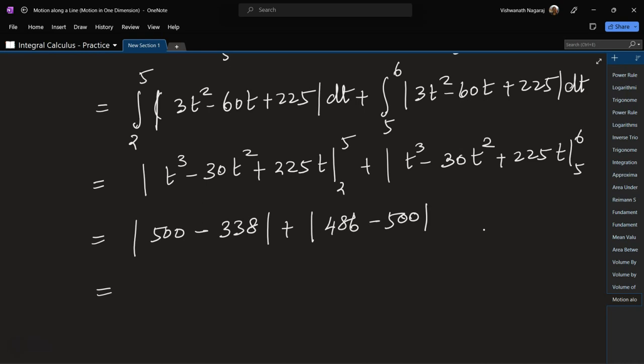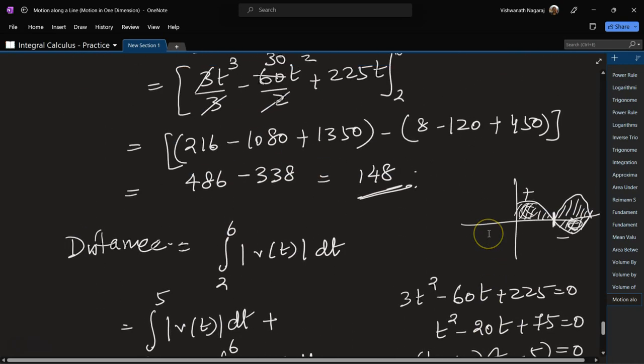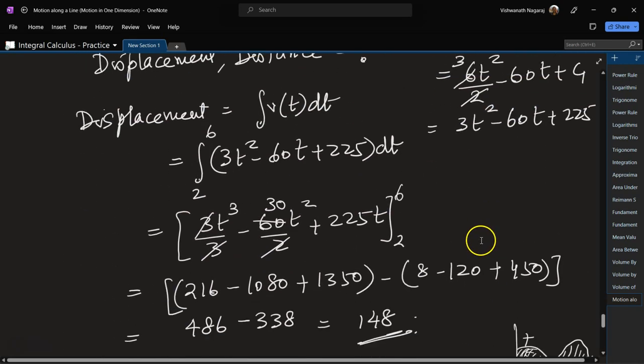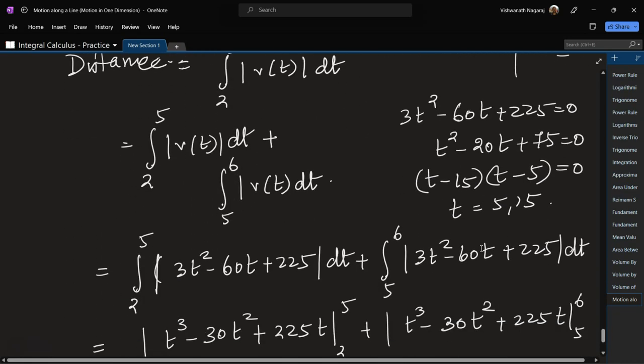Now 500 minus 338 is going to be 162, plus 486 minus 500 will give us minus 40, but because of this absolute value it will become plus 40, and that gives us 176 units. So as you have noticed, figuring out the displacement is much easier than figuring out the distance.